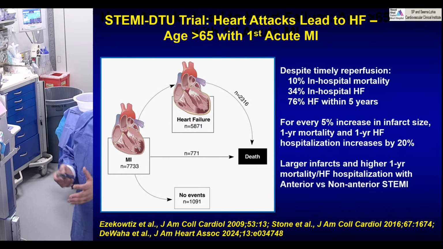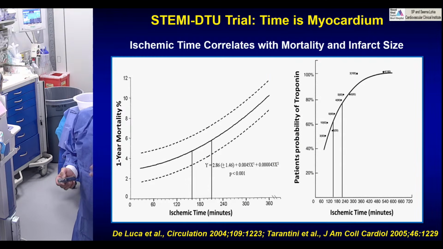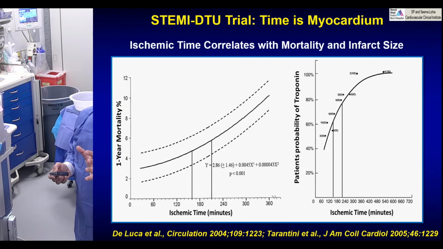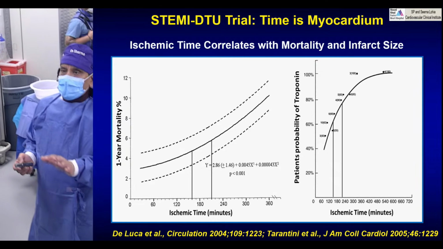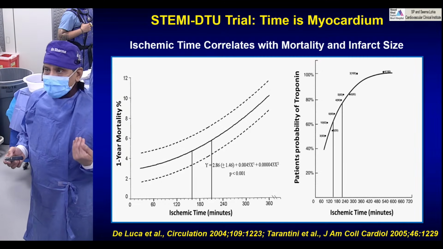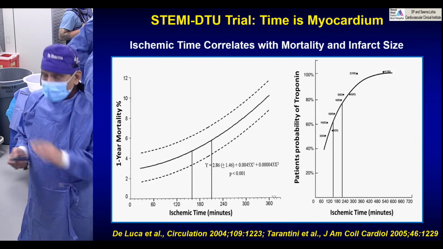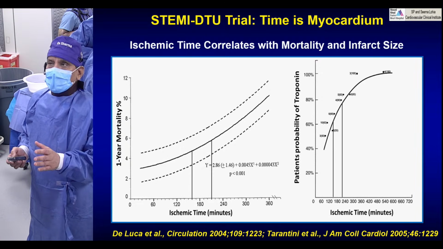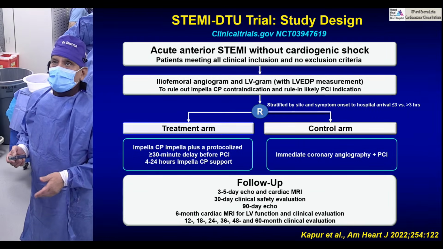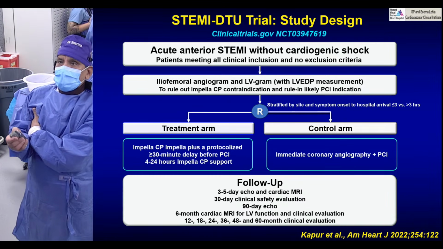So the question is whether the infarct size could be decreased if you decrease the ventricular size. That was the whole concept, based on the ischemic time and 1 year mortality. They did a pilot study, which showed no difference. And I'm really surprised that when the pilot study was presented, the DTU pilot, there was no difference in their 50 patient trial, but they still went ahead and did this major trial of the STEMI DTU treatment versus control.